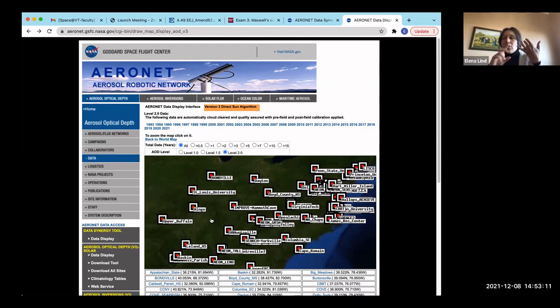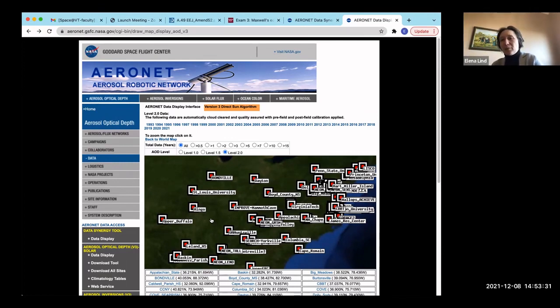So in a sense, with the trace gases, total AOD, and with the ceilometer, which is a laser technique that sends pulses just like a radar, just with a laser, and determines the backscatter from the aerosols in the atmosphere.